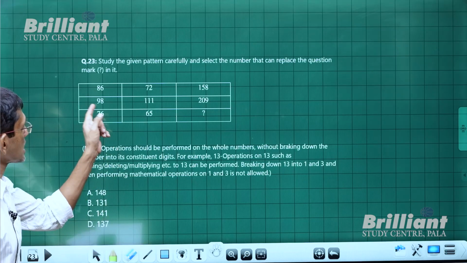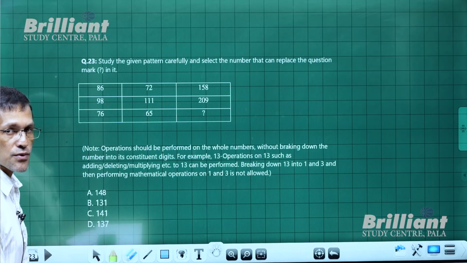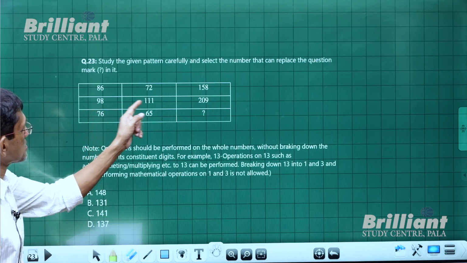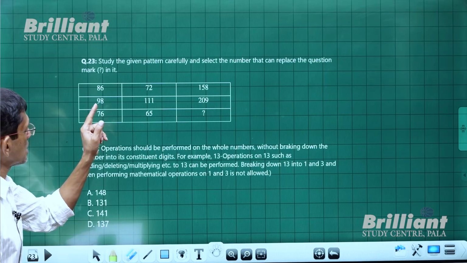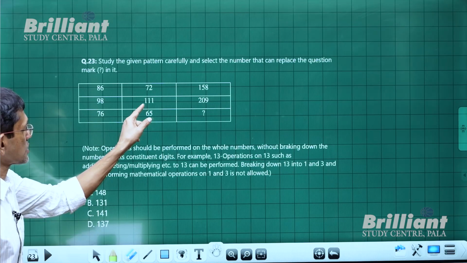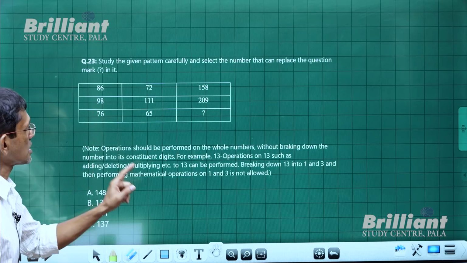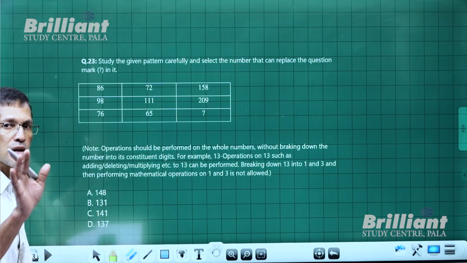Good. How about the second row? Is it 98 plus 111? Well, make 98 as 100, take that 2 from here, so it is 109. 109 plus 100, that is 209. Perfectly all right.